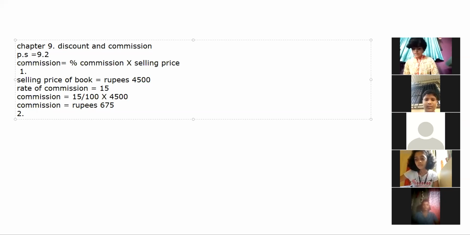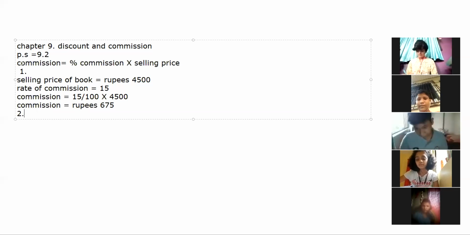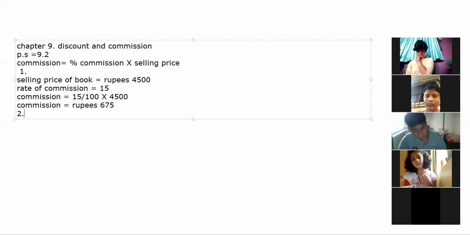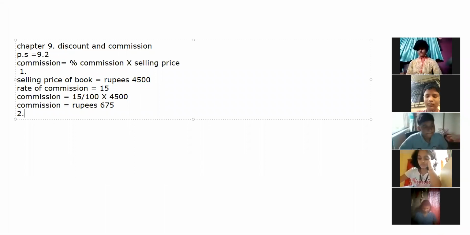Now, second one. See, Rafiq sold flour worth rupees 15,000 by giving 4% commission to the agent. Find the commission he paid. Find the amount received by Rafiq. Okay. Now, he had sold the flour for 15,000, and the commission was 4%. Now they had told you to find the amount and the commission paid.